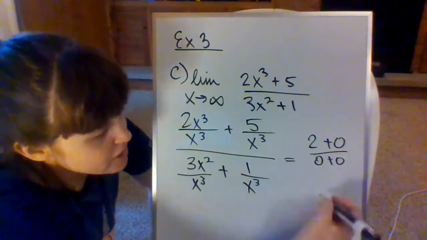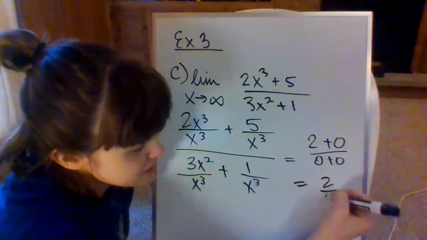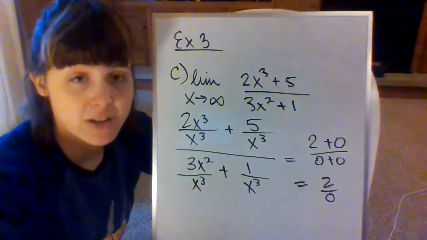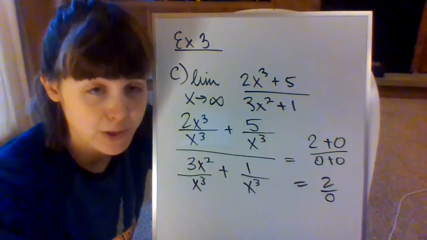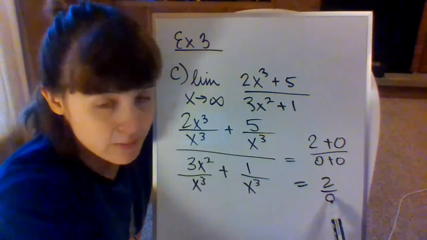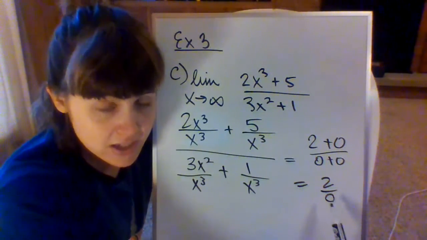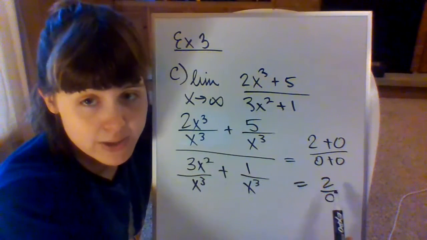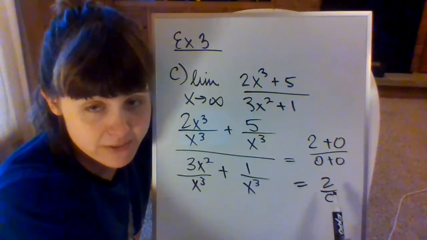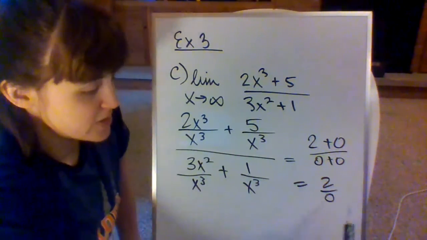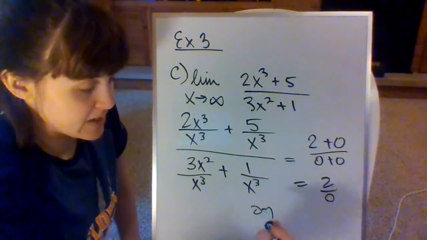So 2 over 0, anytime you have 0 on the bottom of the fraction, our brains tell us that's undefined, but when you find limits, that means that it approaches infinity. And if this was negative 2, that would approach negative infinity. Okay, so 2 over 0 means that the limit is infinity.